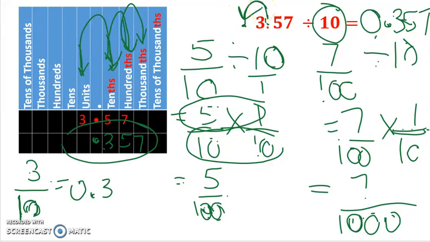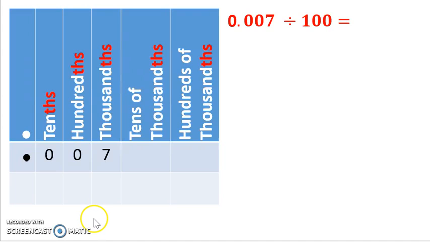We could see in the table that it's actually the numbers that are moving a place value over, but the easier way to do these questions without a table is to move the decimal place instead. So when dividing by 10, we can move the decimal place one place to the left.